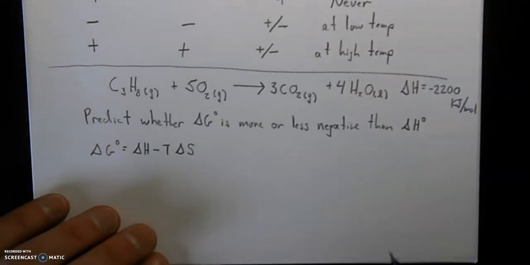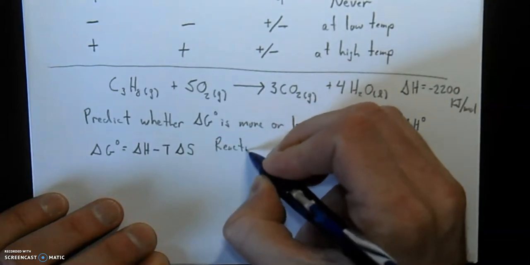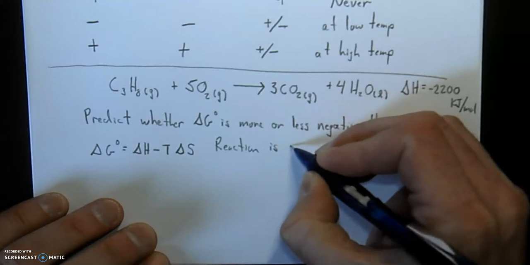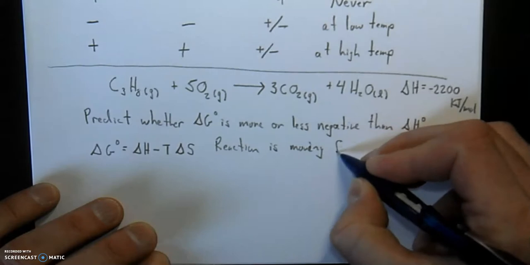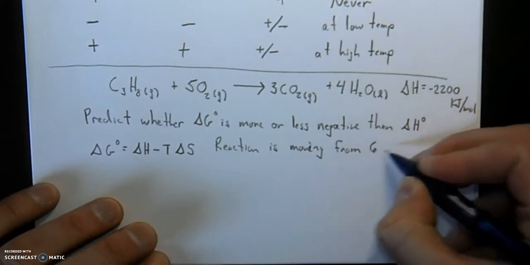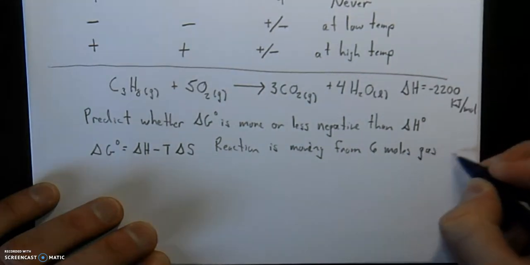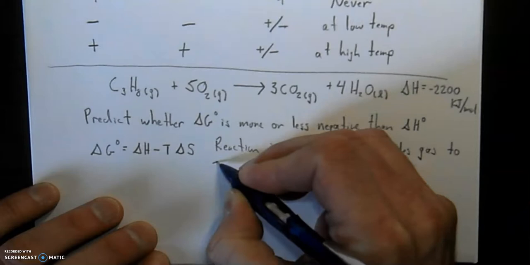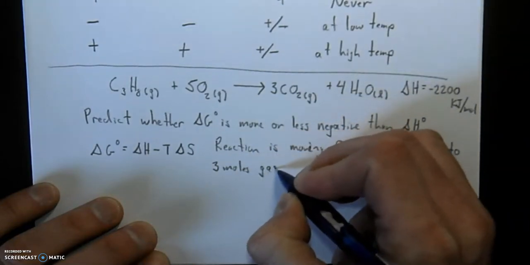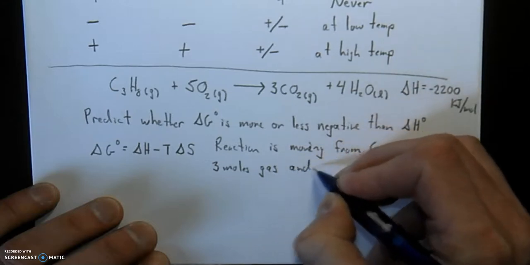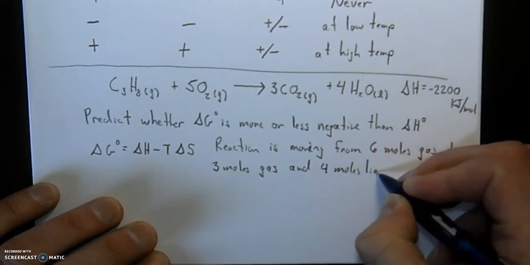All right, let's sum this up and write this down. The reaction is moving from 6 moles of gas to 3 moles of gas and 4 moles liquid.